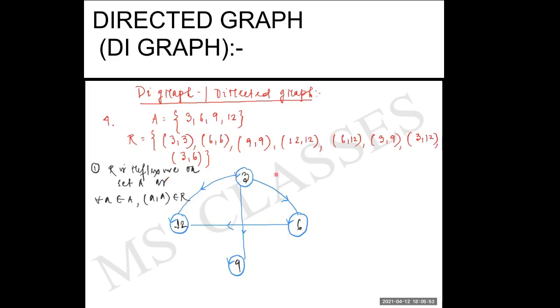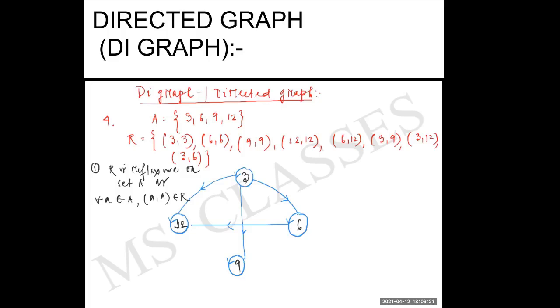We come to the symmetric property. For the symmetric property, children, we should have bidirectional arrows. If you find in the diagram a single unidirectional arrow, then it is not symmetric.